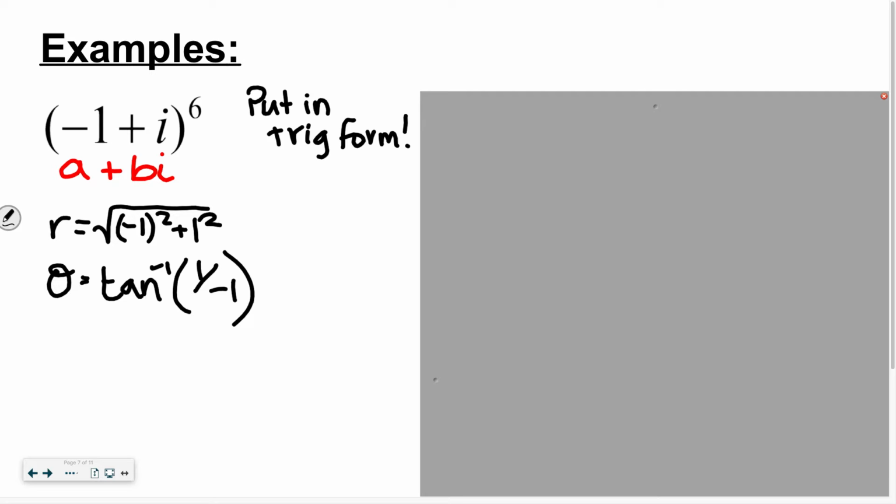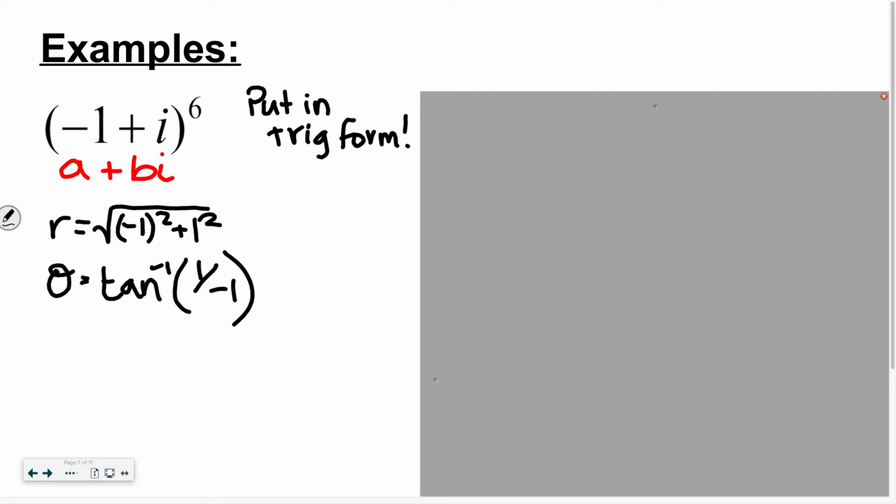Remember, don't try to reinvent the wheel here. All the things that we talked about yesterday are actually related really to our vector work from the two sections before. So when you want to find the modulus, that's really like the magnitude of your vector, that's r. When you want to find your argument, your theta, that's really like your direction angle from vectors.